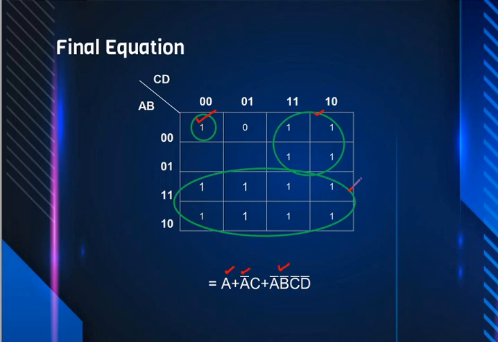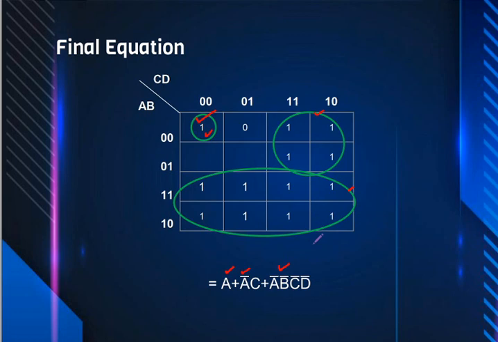And the fourth rule today was that a cell containing 1 must be grouped. So we take this one. We should not leave any 1 in the K map, even if it is a single 1. We should take that single 1 and use it as a group.